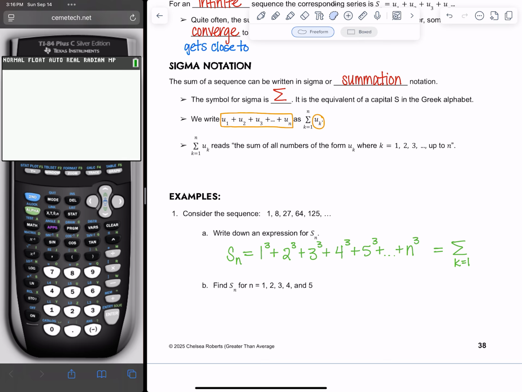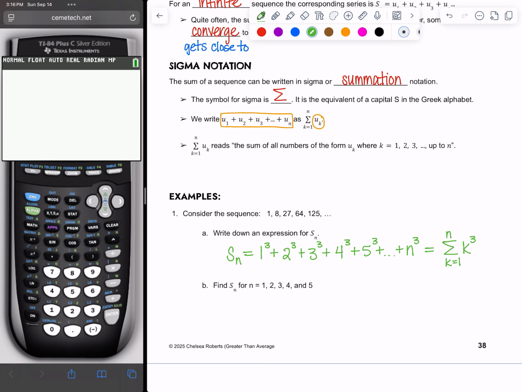I wanted to make sure I added that part. So that's going to be equal to the sum as k is equal to 1, going all the way up until what I choose my last number or my n to be, and the expression is going to be k to the power of 3, because I'm plugging in my numbers all the way up until my nth term, and I know I'm cubing.